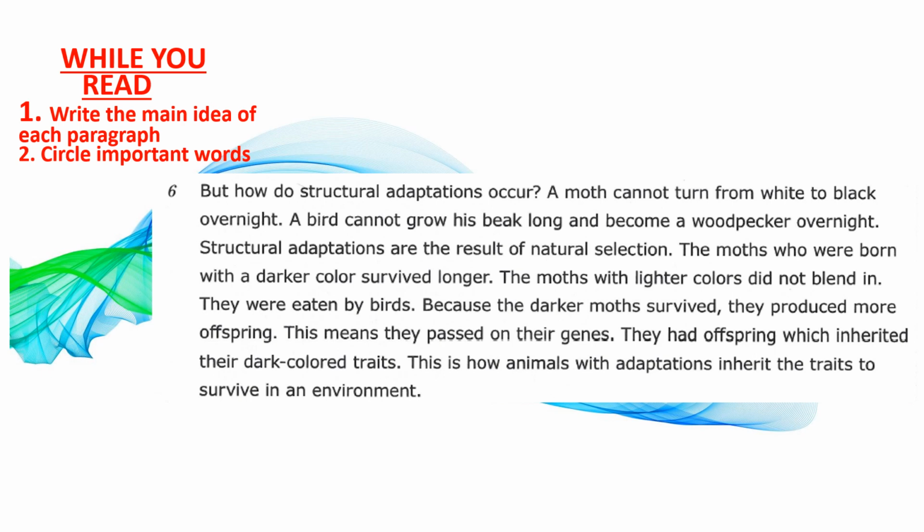They were eaten by birds. Because the darker moths survived, they produced more offspring. This means they passed on their genes. They had offspring which inherited their dark-colored traits. This is how animals with adaptations inherit the traits to survive in an environment. Now pause the video, write the main idea, and circle important words.